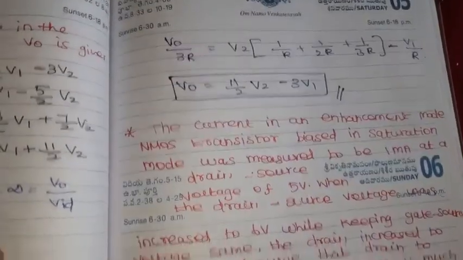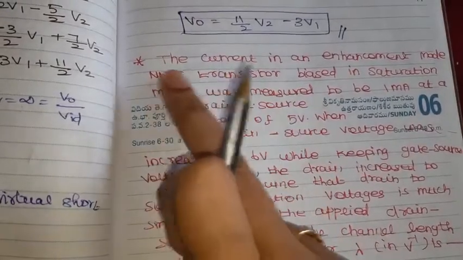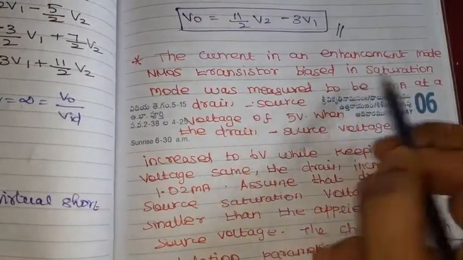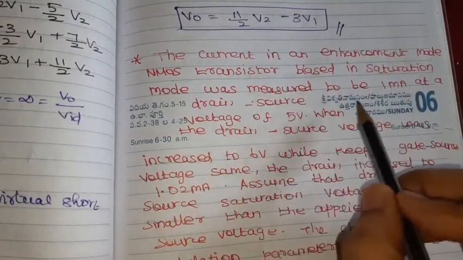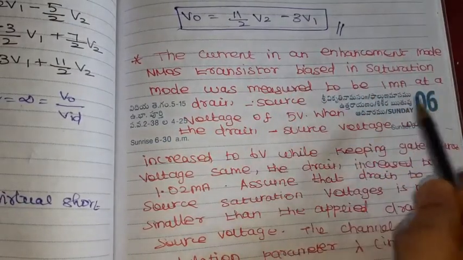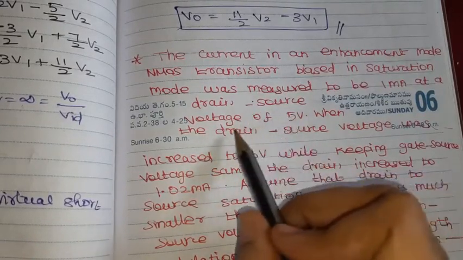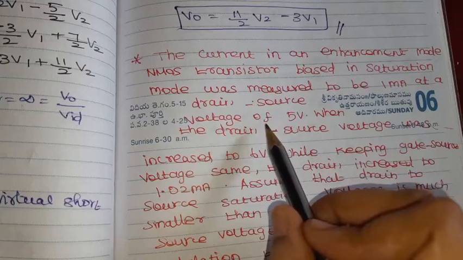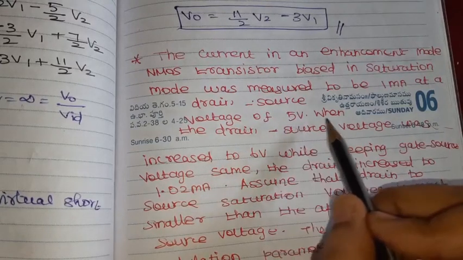Then the current in the, okay, this is the statement given. The current in the enhancement mode NMOS transistor biased in saturation mode was measured to be 1 milliampere at a drain source voltage VDS of 5 volt.